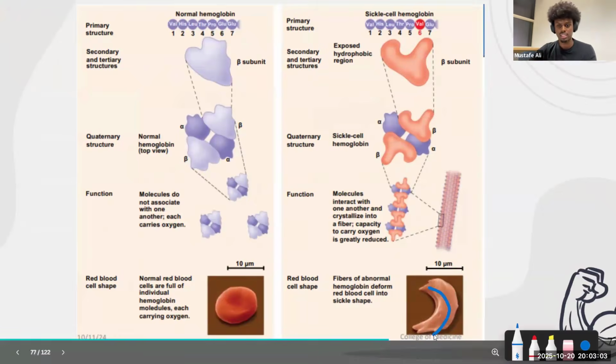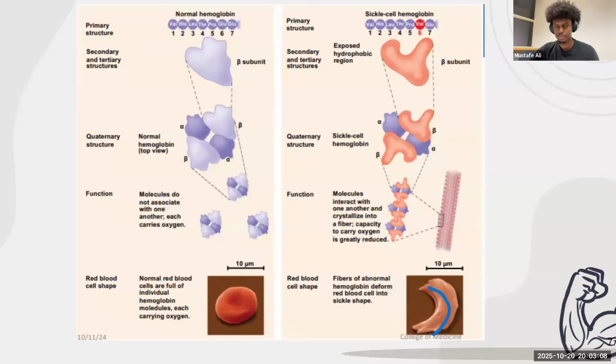The reason is the hydrophobic group of valine in this hemoglobin. Because it hates water, it'll try to curl up and hide itself, which leads to the sickle shape inside these RBCs.